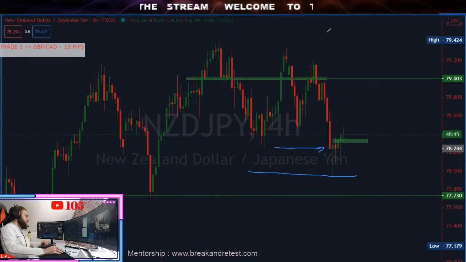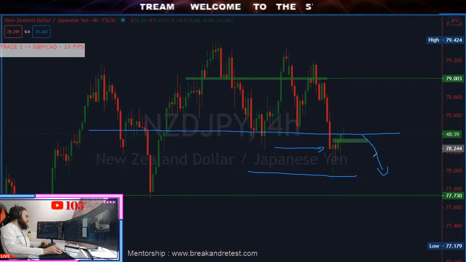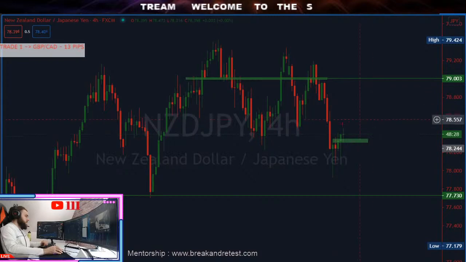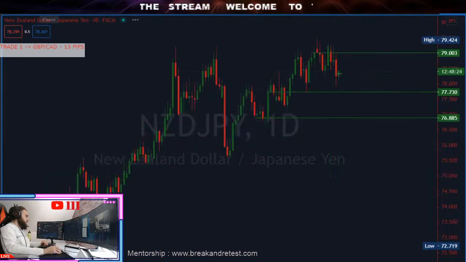We did some continuation. Now this could be a retest for even more continuation, and this seems like it could go lower than that. We could have some more continuation from this level, even though we rejected first.